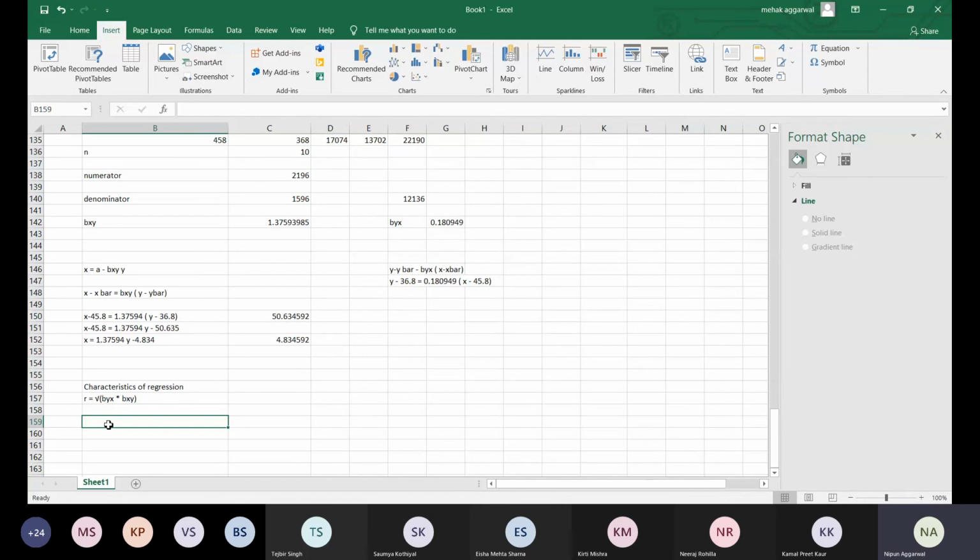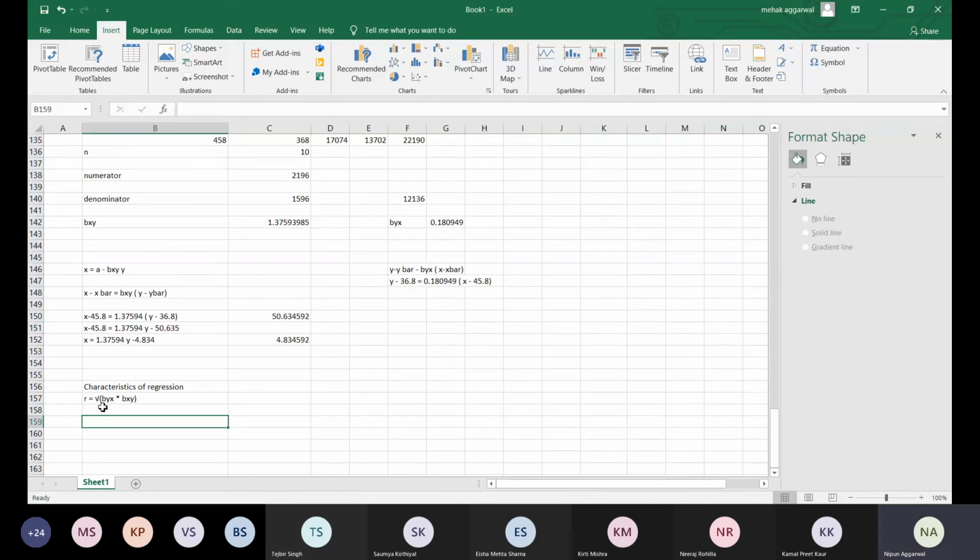The second characteristic is, after solving, when you take the square root of byx into bxy, the answer should lie between -1 and +1. A negative into a negative always comes out positive, and the square root of a positive is also positive.